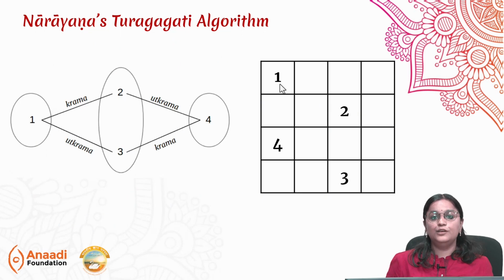On this slide, you can see the pictorial representation of how these horse moves should look. So, for instance, 1 should be in a horse move to 2. It should also be in a horse move to 3. 4 should be in a horse move to 2 as well as 3.